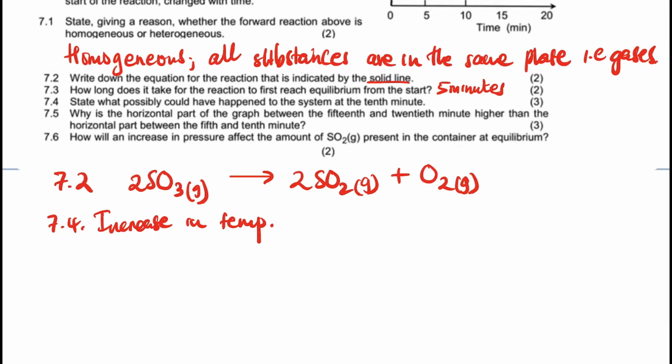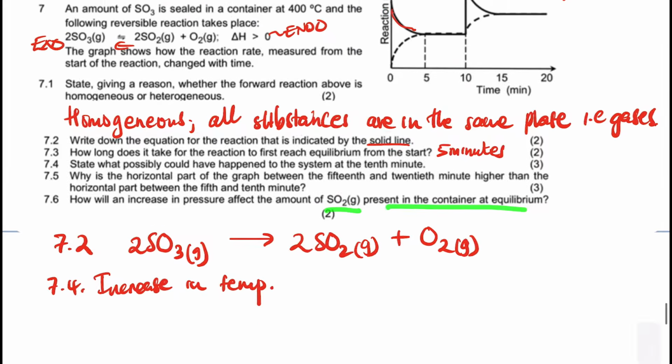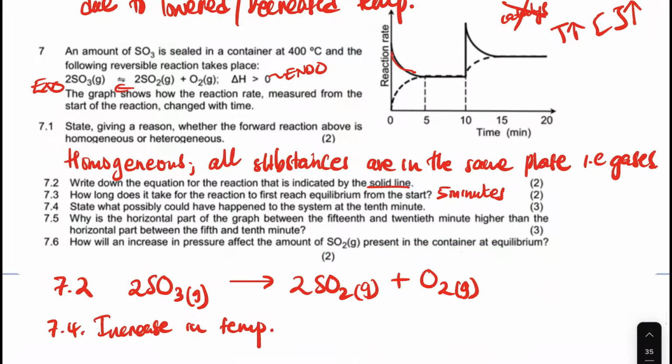So guys, it's very important to note that in 7.6, how will the increase in pressure affect the amount of sulfur dioxide present in the container at equilibrium? So when we increase pressure, theoretically, increase in pressure favors the side with the least number of moles. So the side with the least number of moles is this one.